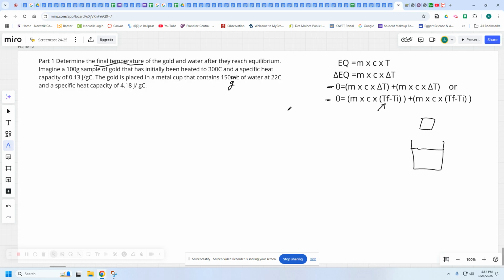So I'm going to start my work and do the gold first. I'm going to plug in the mass, specific heat, the mass, specific heat, and then I'm going to fill in the temp final minus temp initial using Celsius.